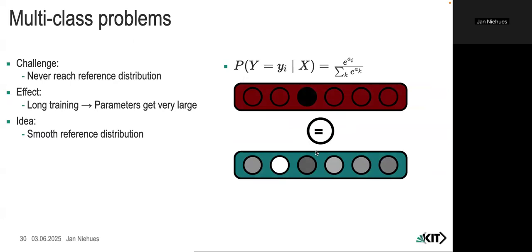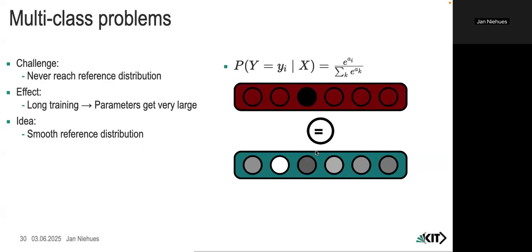And so then things are not that easy to learn. What typically might happen is that when we have very long training, the parameters get very large in order to really optimize the solution and get very, very sparse. And maybe we don't even want that sparse distribution, because typically at the current position there might be only one possibility, but if you think about a lot of difficult problems where you use neural networks, that's not correct.